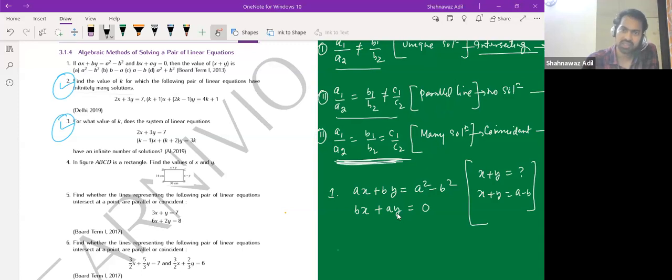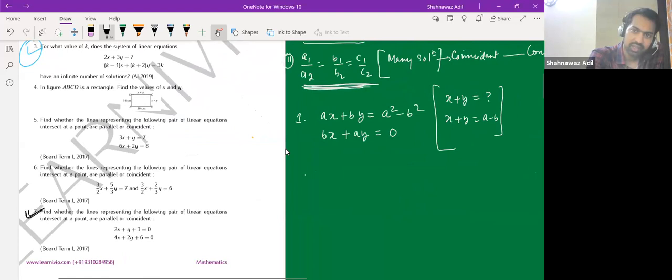Harshit is saying to add both the equations. This is also correct if you want to have x plus y. Abhi, you are saying elimination, right?